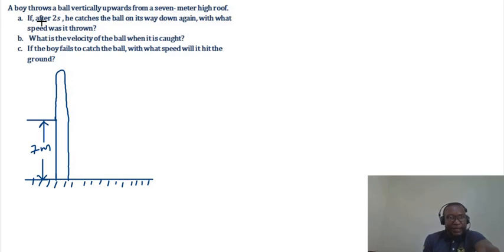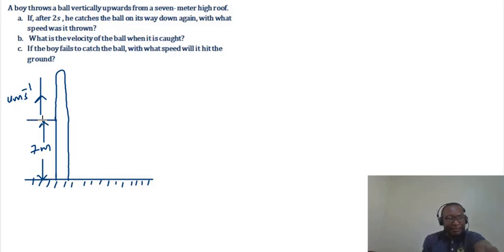Part A, if after 2 seconds he catches the ball, so if he throws it up like this here, with the velocity which we do not know yet, but we can call it u meters per second, they are telling us that if after 2 seconds the boy catches the ball on its way down again, with what speed was it thrown? So they need us to find u.